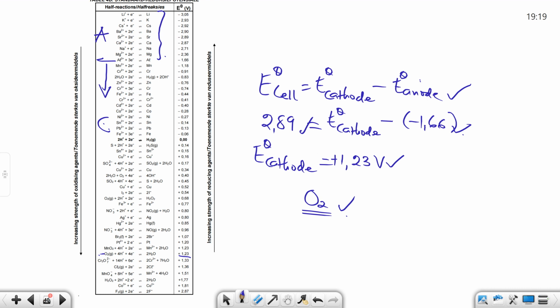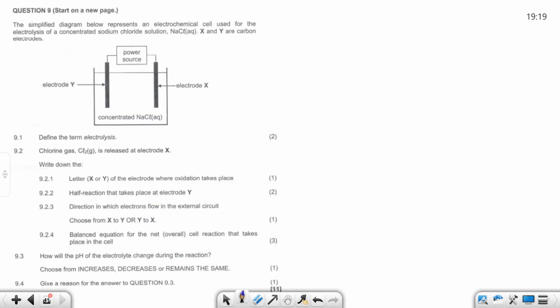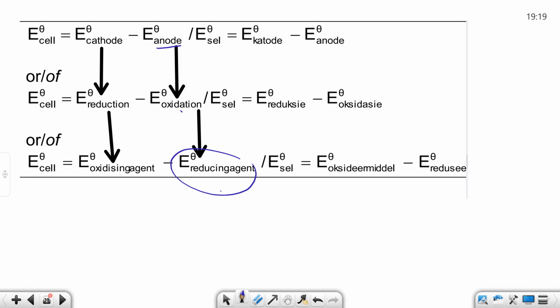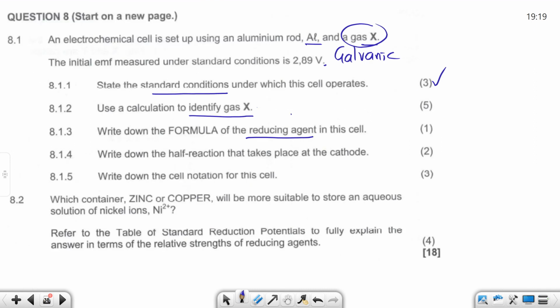Oxidation. What do we do for oxidation? Z. Make sense? Anode and cathode. The anode says start from the right, go to the left. Which one is the anode? That. So what's our answer? Al. So we're done there, right? Make sense, everybody?